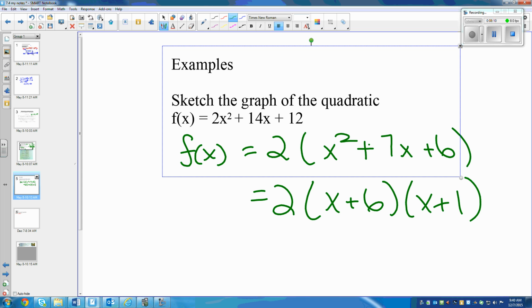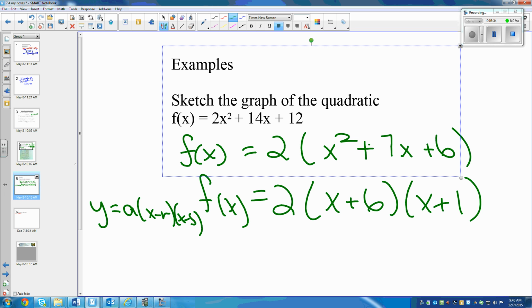If I FOILed that out, I'd get the x squared plus 7x plus 6. So it's going back to your factored roots. So now we have an equation that looks like this. Y is equal to a bracket x minus r times x minus s. Basically, right? It's in its factored form.